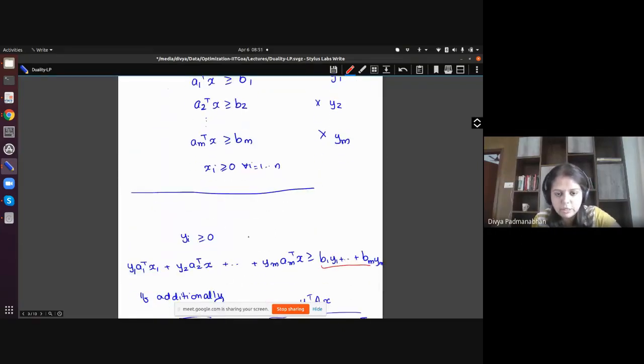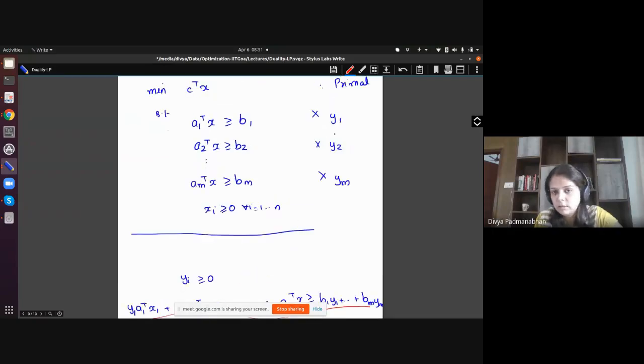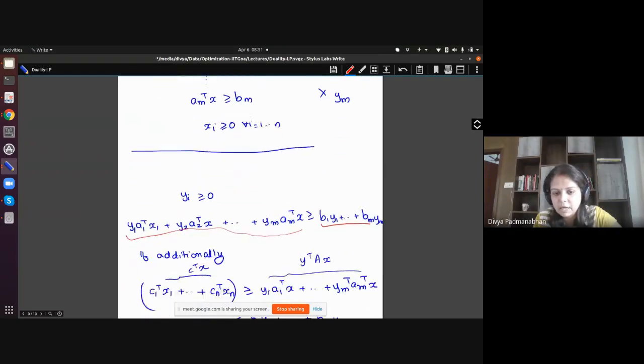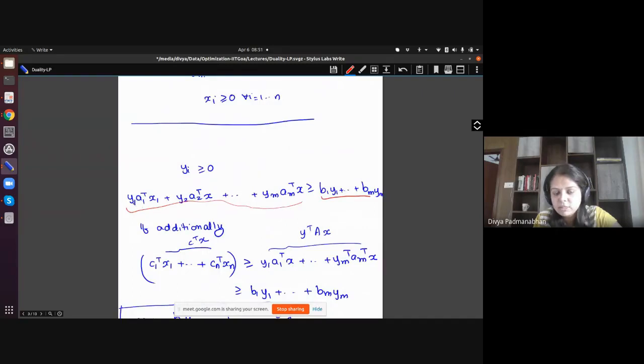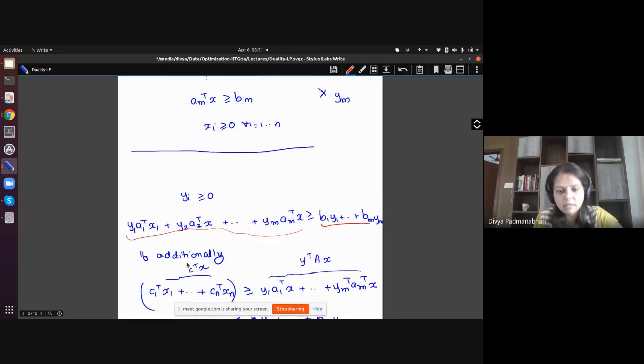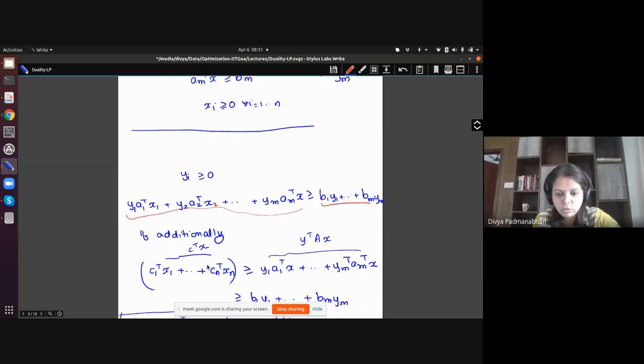For a general linear program, you take the multipliers and sum them up, and you enforce that each of these coefficients has a value, term wise. Coefficients of x1 will be less than c1, coefficients of x2 less than c2, and so on.